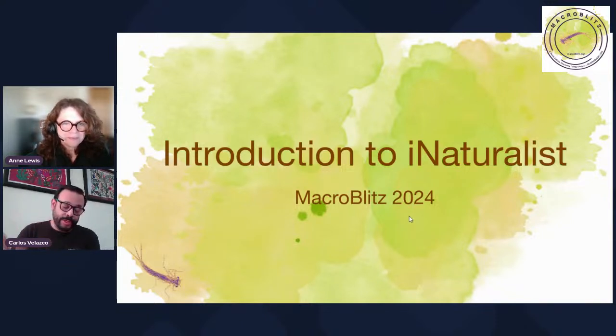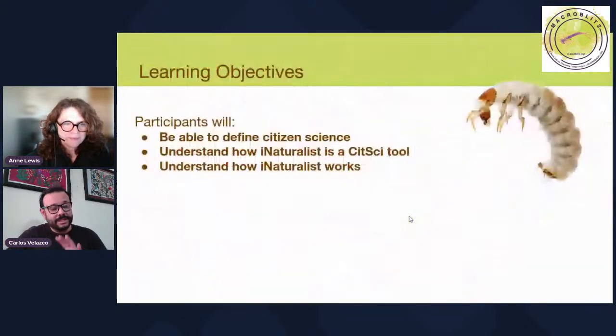Now, before we get started, let's just say that I'm a biologist and I'm really into citizen science and biodiversity monitoring. So I'm really glad that we all get to this part of the MacroBlitz classroom. Before we begin, we just want to clarify the learning objectives.